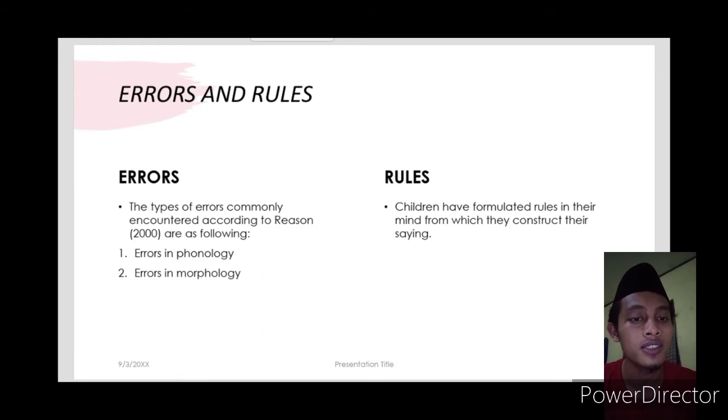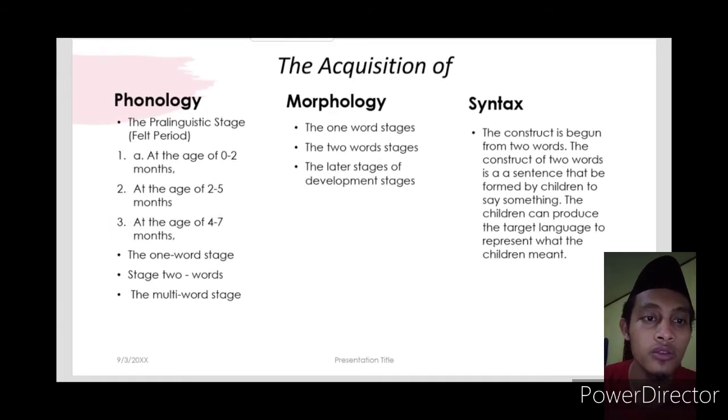And then the third part is about acquisition of phonology. According to Arifuddin, the language acquisition stage is divided into 4 stages. The first is the pralinguistic stage. The pralinguistic stage is divided into 4. The first is at the age of 0 to 2 months.